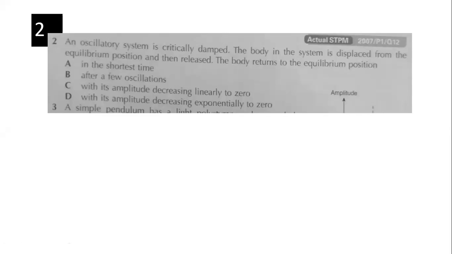Number 2. An oscillating system is critically damped. The body in the system is displaced from the equilibrium position and then released. The body returns to equilibrium position. What is the right answer? Don't know, sir.